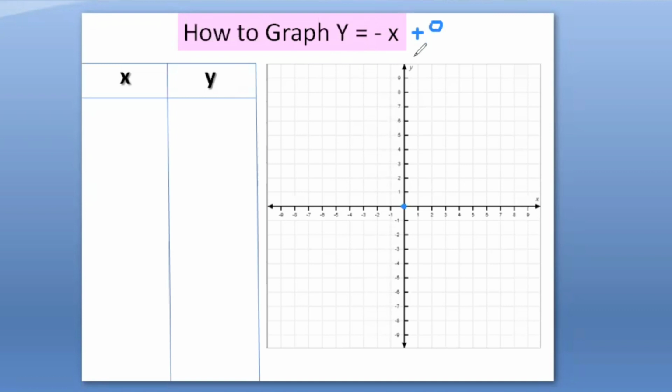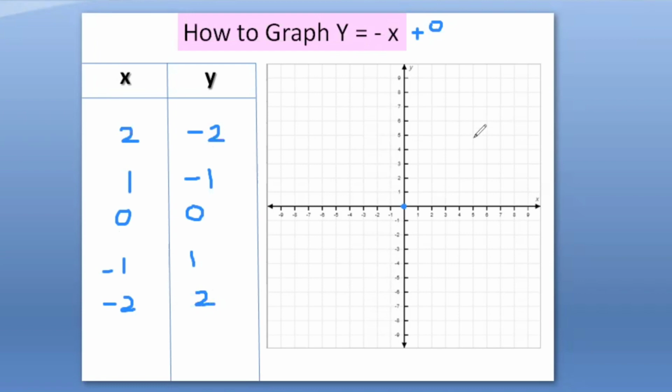Now to find the other points, I'm going to take some positive and negative values. When I put in positive 1, I got minus 1 as the y coordinate, and for 2 I got minus 2. In the same way, for negative 1 I got a positive y coordinate, and for negative 2 I got positive 2.